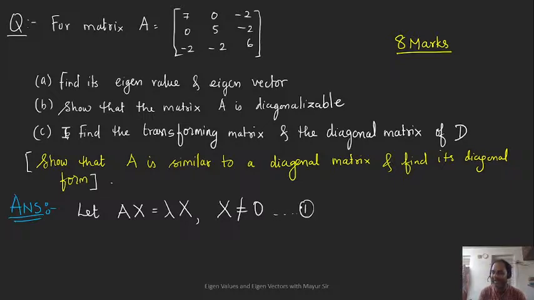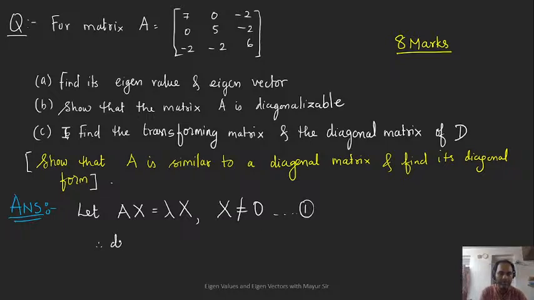This is the guiding thing. It guides you to the correct thing. Always remember, eigenvectors are non-zero. They cannot be 0. Please remember this. This is the line that tells you again and again x is not equal to 0.